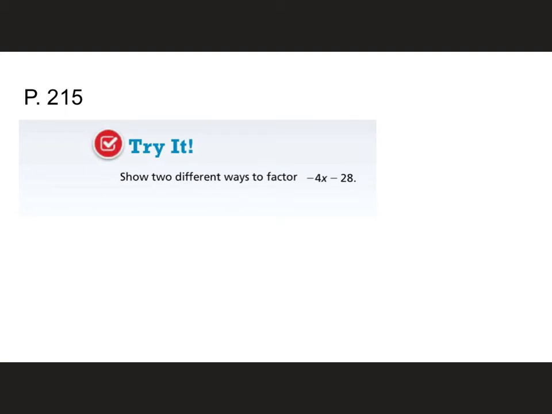Okay, I'm back. So here's the thing. Let's rearrange this. So I have negative 4x plus negative 28. And I can either look at this as negative 4 times x. And then I would say, okay, so I need my common factor to be negative 4 because it can't be x. So negative 4 times what is negative 28?